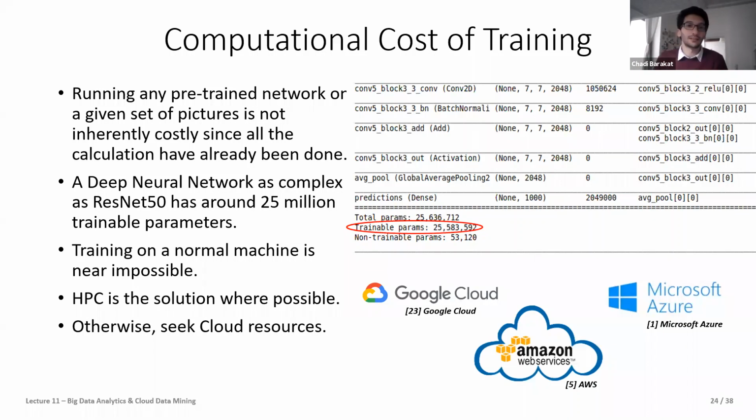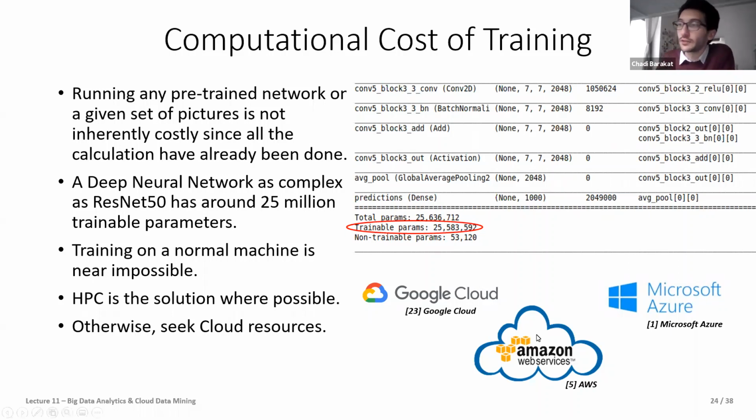Luckily, in our case, we have access to GPU resources on HPC. But if you don't, then you have to seek cloud resources. To give you an example, training this network on a high-performance computing platform with GPU access took about 5 minutes, but training it on CPU would have taken about 5 hours. That's if we're lucky.